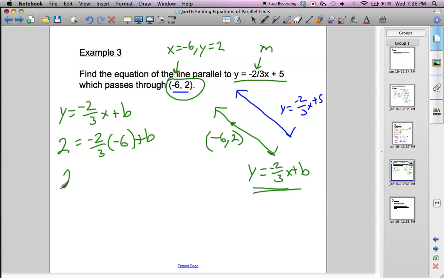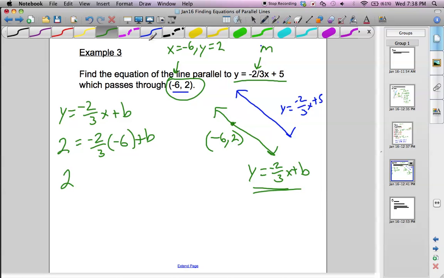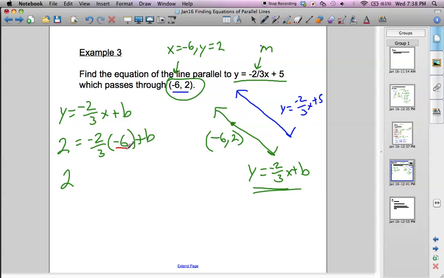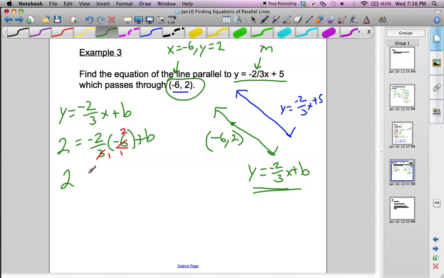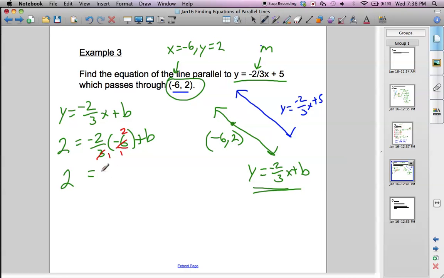and let's go ahead and solve this now. This is like 6 out of 1, so you can divide them both by 3 and you get 1 and 2, and then we just multiply. We get negative 2 times negative 2 is positive 4 plus b, and then we subtract 4 from both sides. We get b equals negative 2.